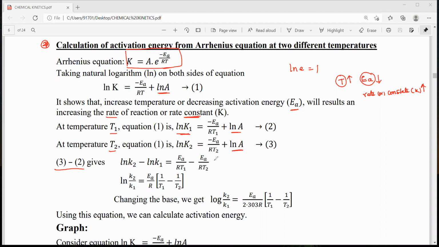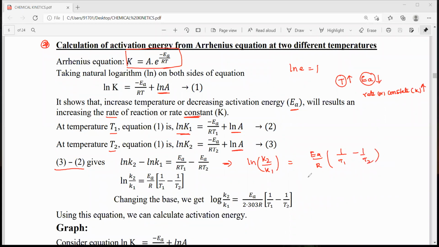Then take Ea by R common, dear students. Log A minus log B is equal to log A by B, so ln k2 minus ln k1 is equal to ln k2 by k1. Then ln k2 by k1 is equal to Ea by R into 1 by T1 minus 1 by T2.